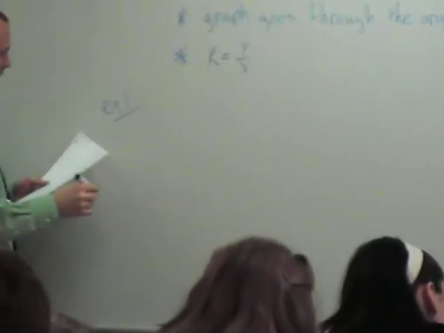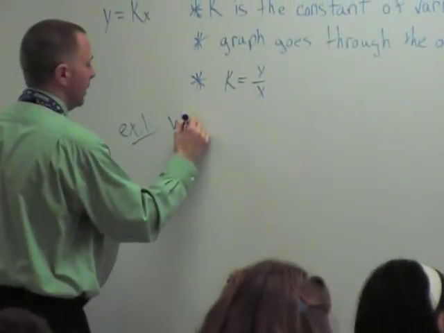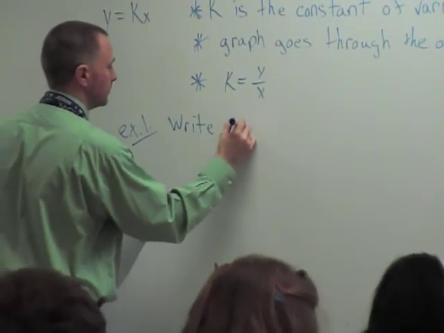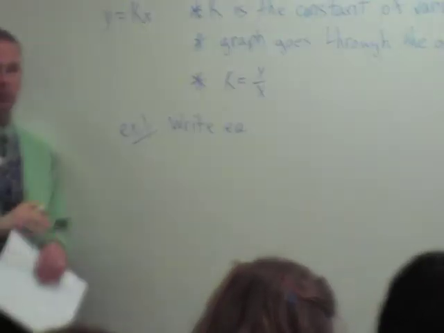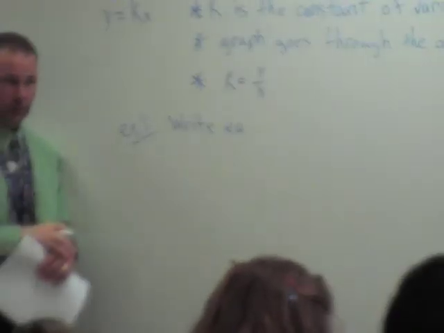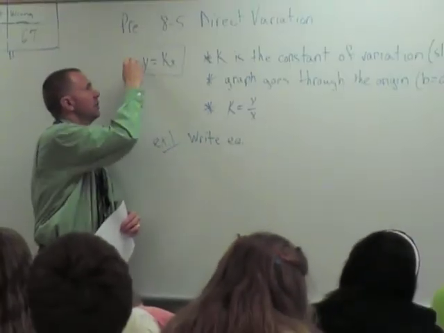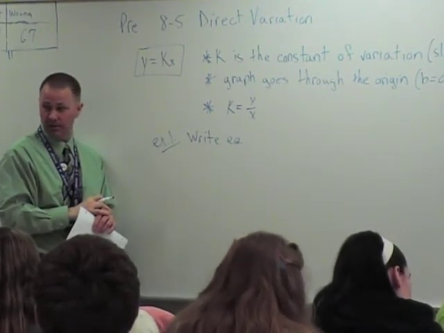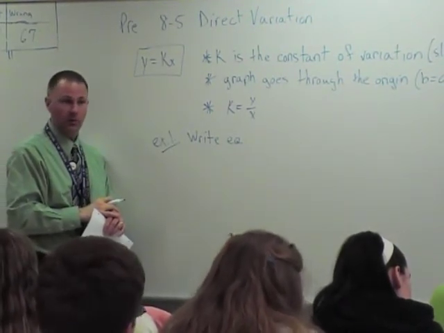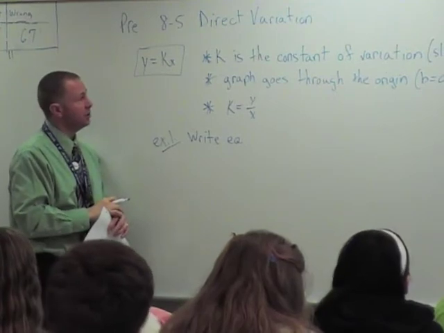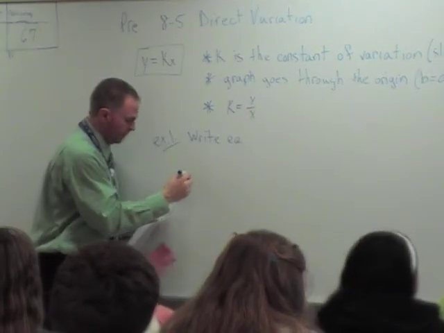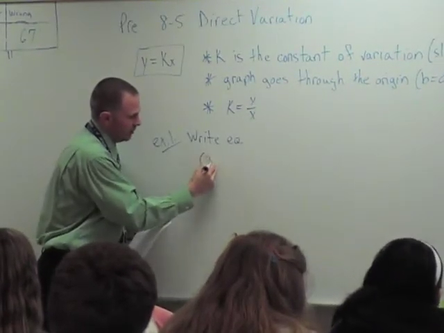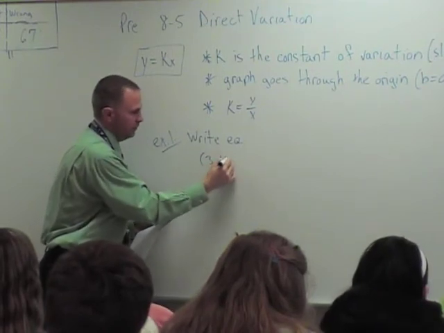All right, so I want you to write the equation given a coordinate. So you're going to have to write this as your answer, but with a value for k. So I want an equation when I'm given this as a coordinate.